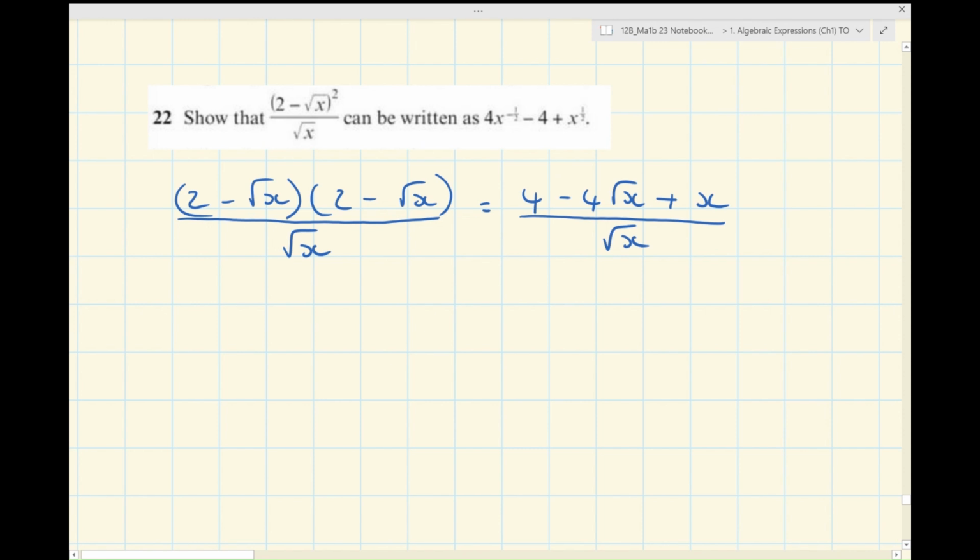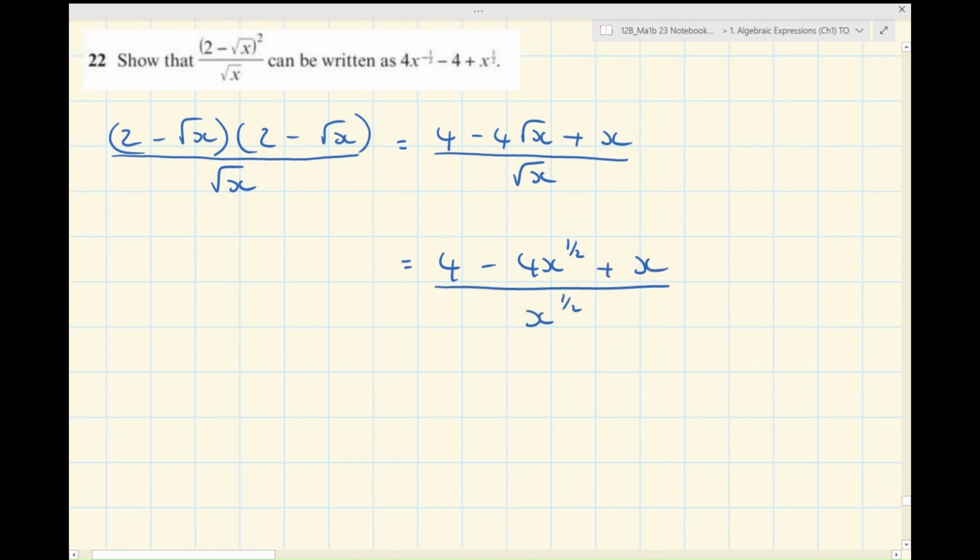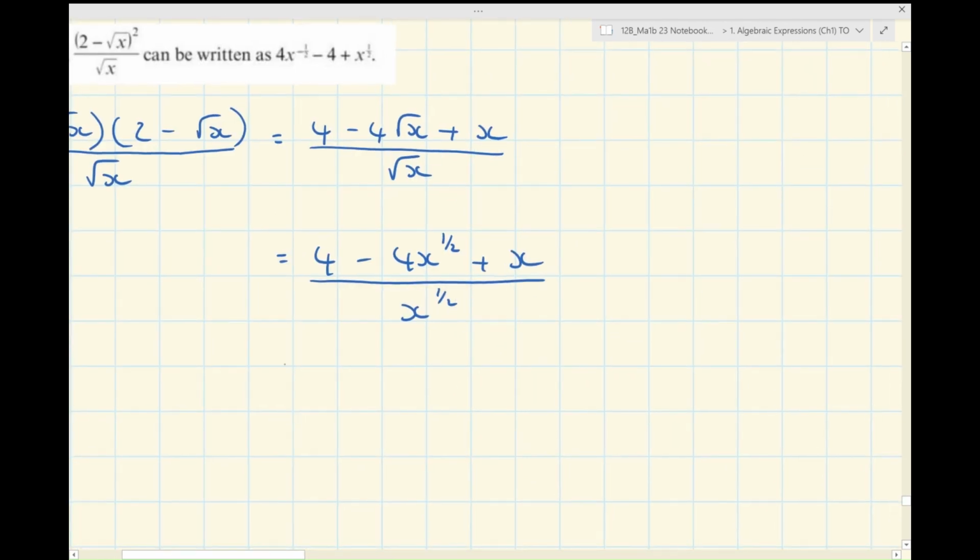Right, let's use powers, shall we? Because I see that my desired answer is using powers. So I'm going to have 4 minus 4x to the power of a half plus x all over x to the power of a half. So that's going to be, let's split that up, 4 divided by x to the power of a half, minus 4x to the power of a half divided by x to the power of a half, plus x divided by x to the power of a half.